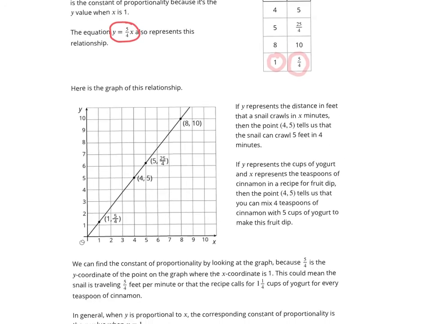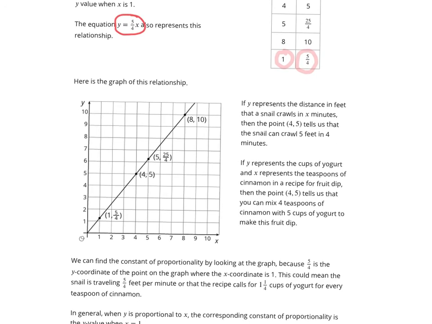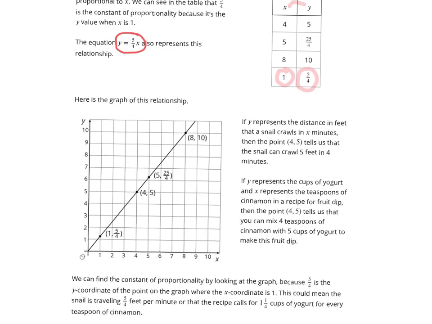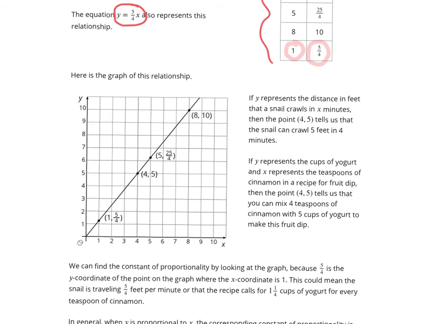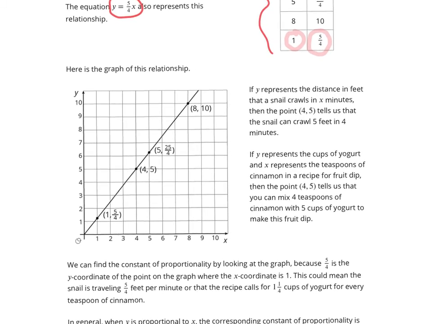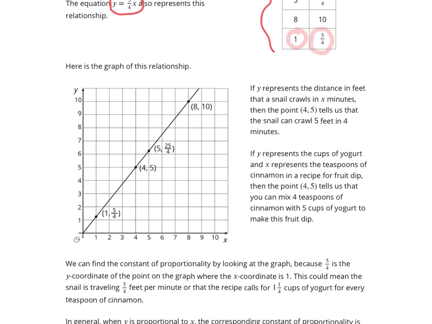Here's the graph of this relationship. Each of the points from the table went onto that graph. And it says if y represents the distance in feet that a snail crawls in x minutes, then the point 4, 5, if this is time and this is distance, would mean that in 4 minutes, the snail can crawl 5 feet.